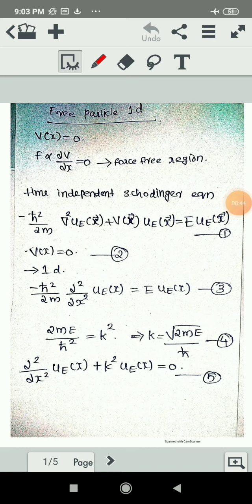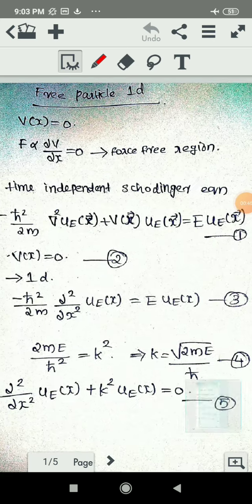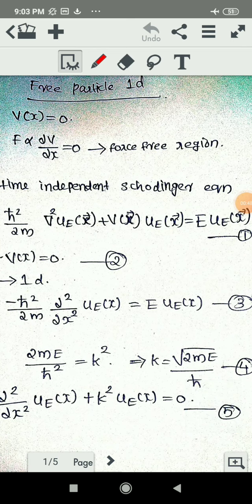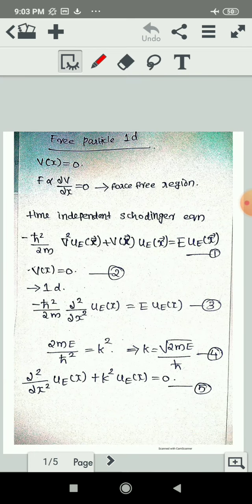The time independent Schrodinger equation is minus h cross square divided by 2m into del square u of x plus v of x into u of x is equal to e into u of x, where u is a state we are selecting. Okay, so here the vector x is xi plus yj plus zk.